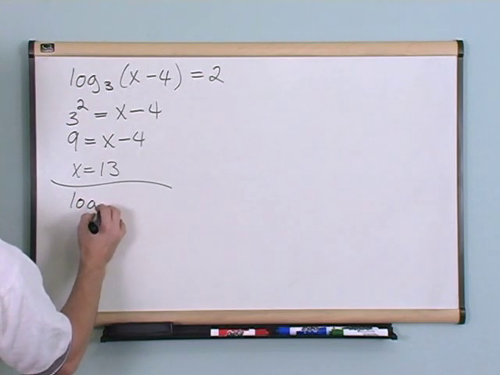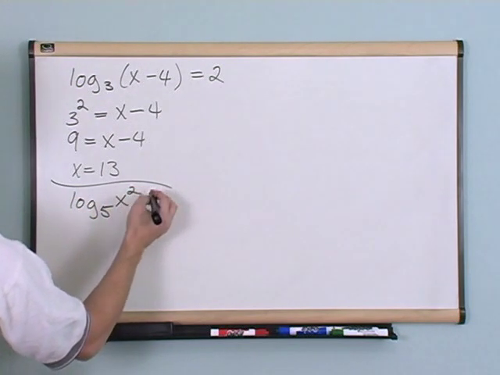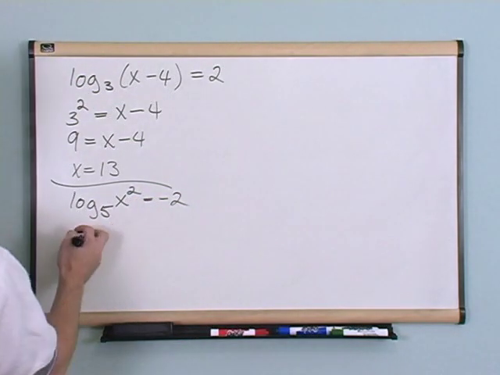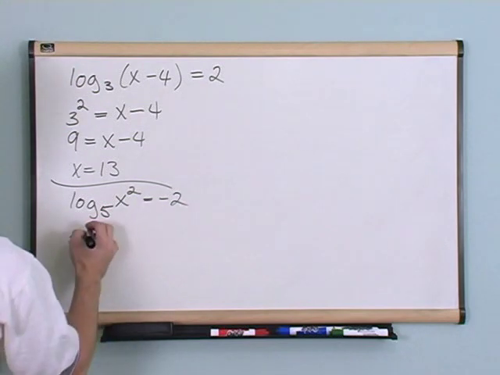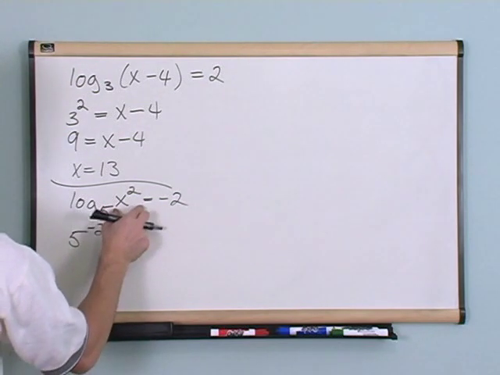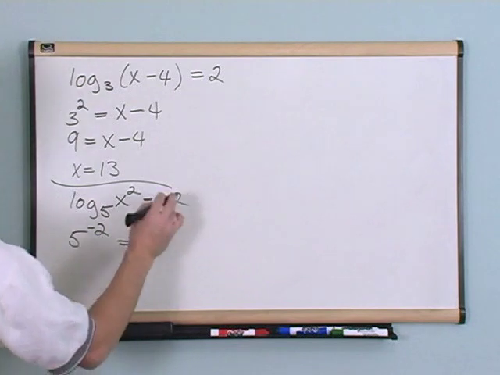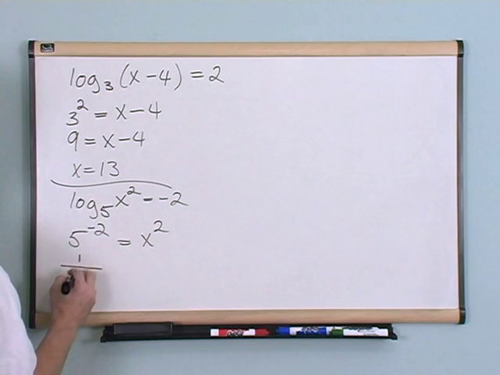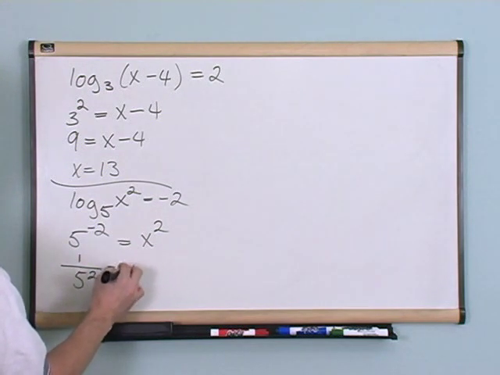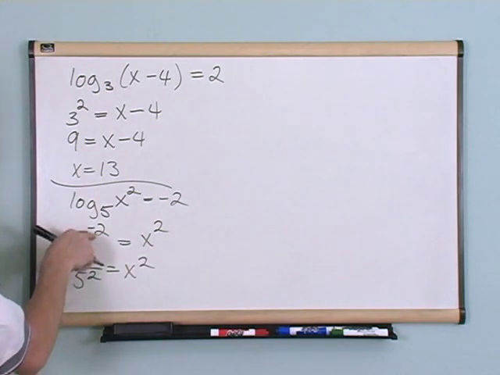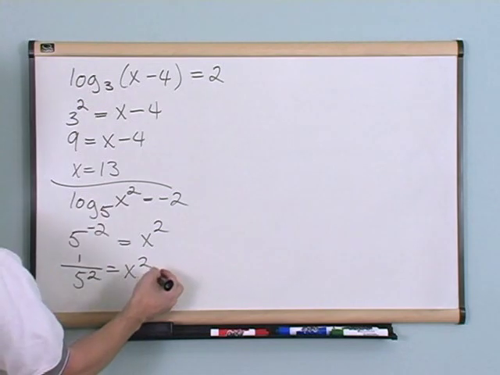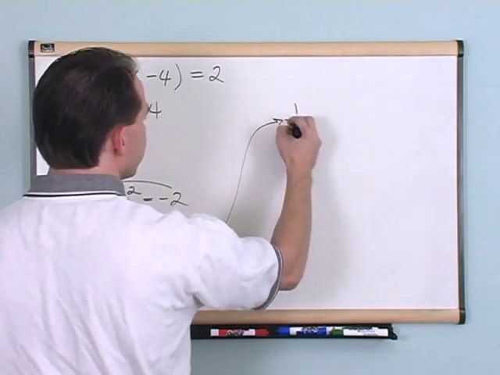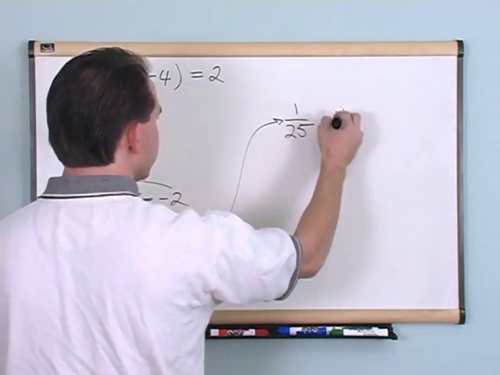Log base 5 of x squared equals negative 2. Again, start at the base, 5 to the negative 2 power equals whatever's left over, x squared, right here. 5 to the negative 2 is 1 over 5 squared equals x squared, because since it's a negative exponent, you can put it on the denominator. 1 over 5 squared is 1 over 25 equals x squared.